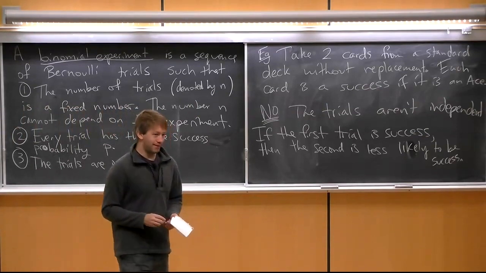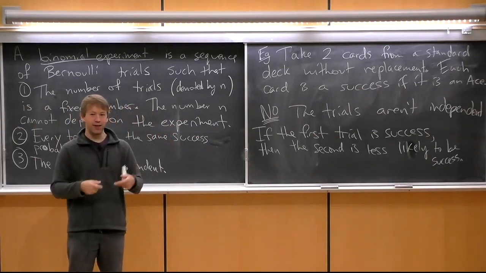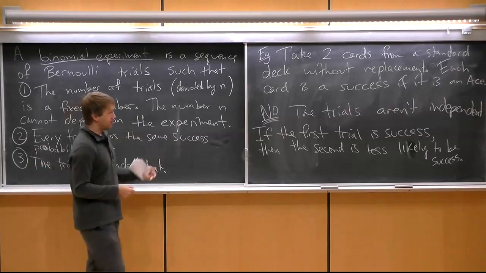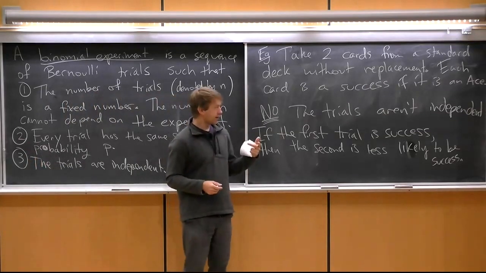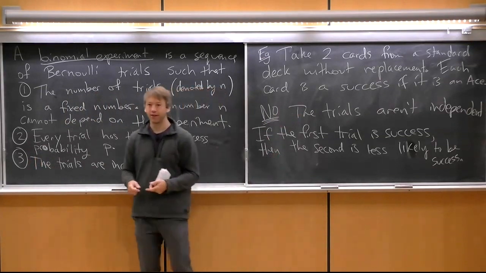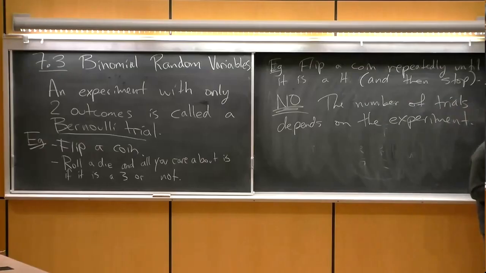It would qualify if it's with replacement, yeah. As long as you put it back and then shuffle it, you take another one. Because both times you'd have a 4/52 chance of getting an ace. If you put it back and shuffle it, that resets the whole experiment, and you again have a 4/52 chance, right? And it doesn't depend on the previous one.